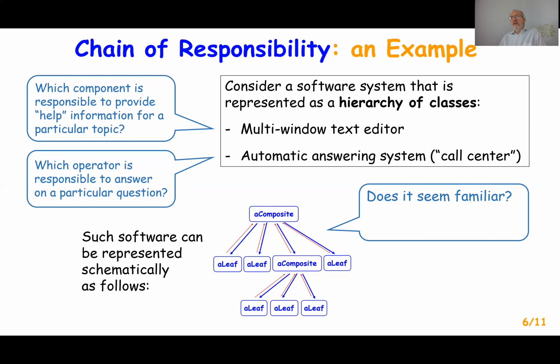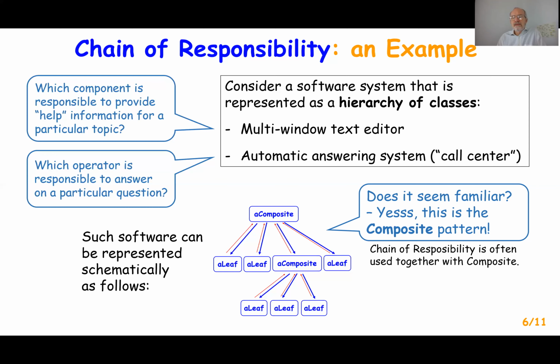If you remember one of our previous lectures, we will definitely see this picture for the topic called composite pattern. When we discussed composite pattern, we used just this picture.